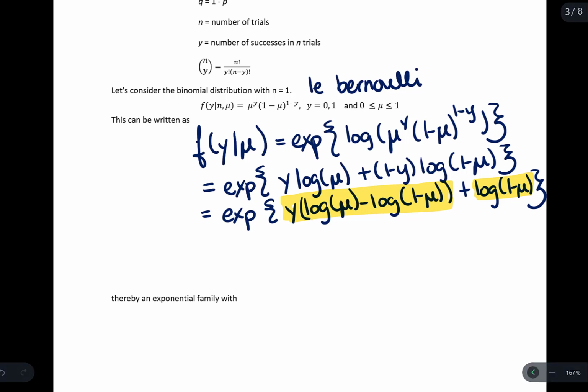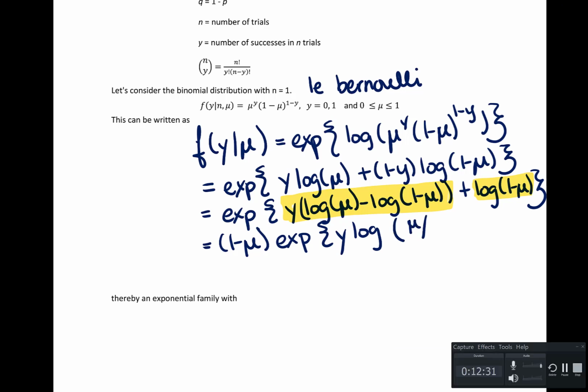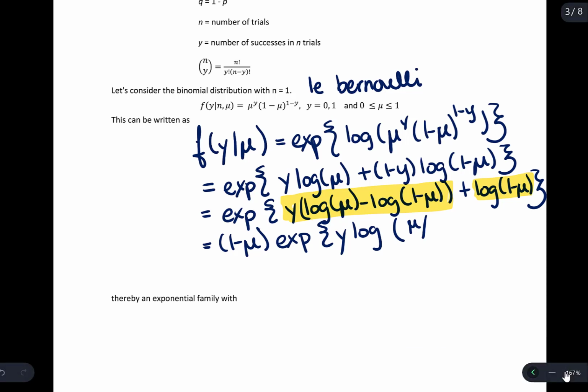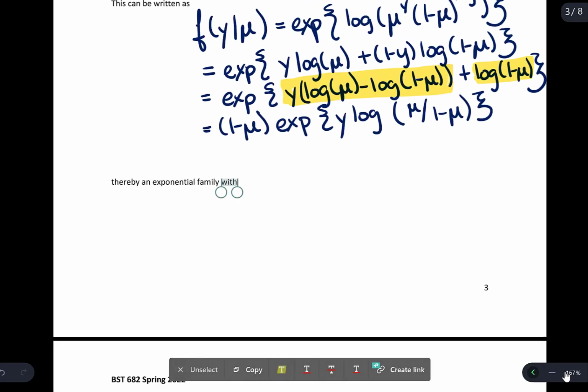So then I can take this 1 minus mu out of the exponent.